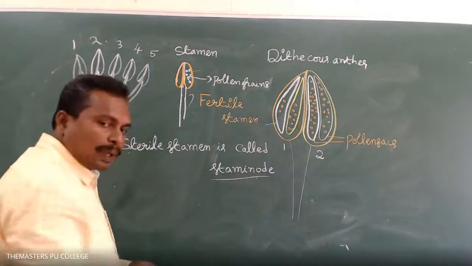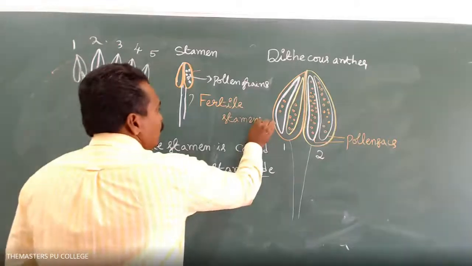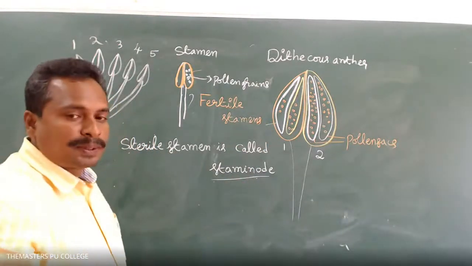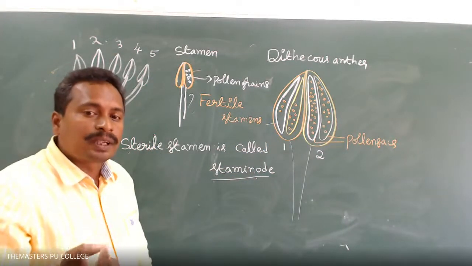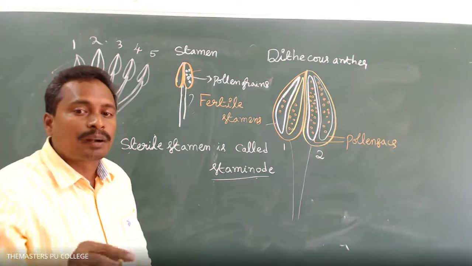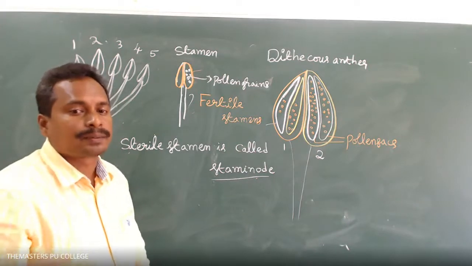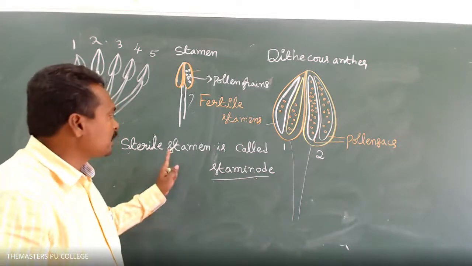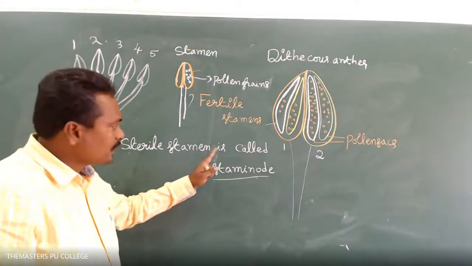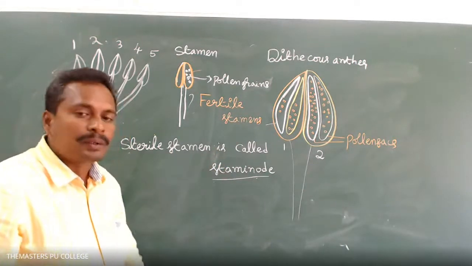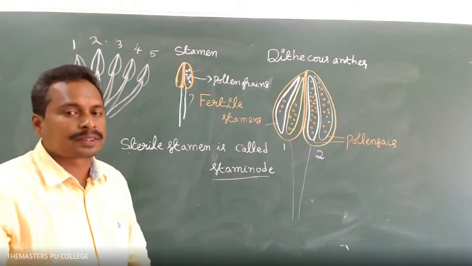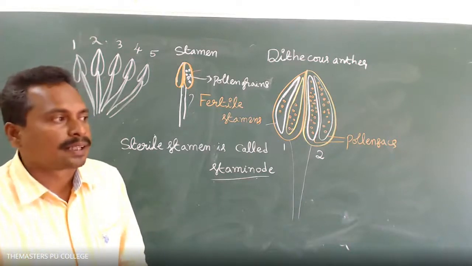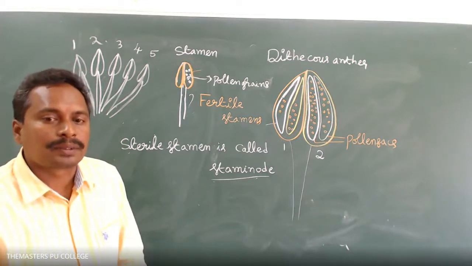But in some plant species, in some flowers, a few stamens do not produce pollen grains. Such stamens are sterile stamens. Sterile stamens are called staminodes.